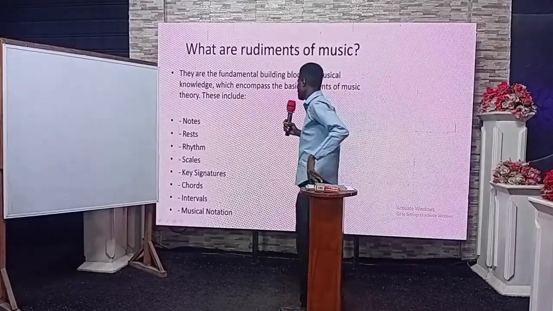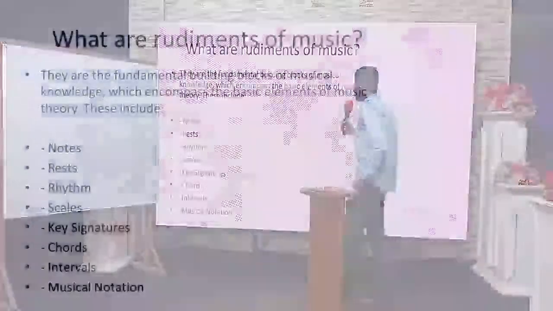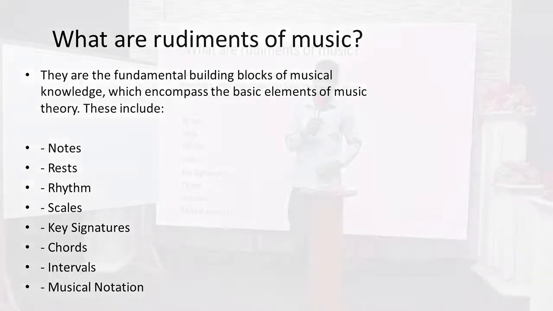All right, as we can see on the slide, the basic elements of music that rudiments of music encompass include notes, rests, rhythm, scales, key signatures, chords, intervals, and musical notation.